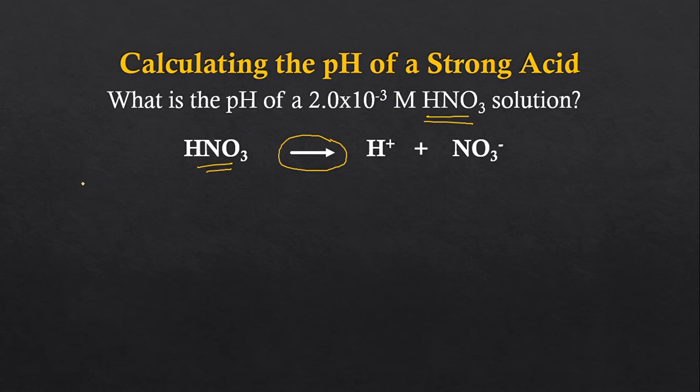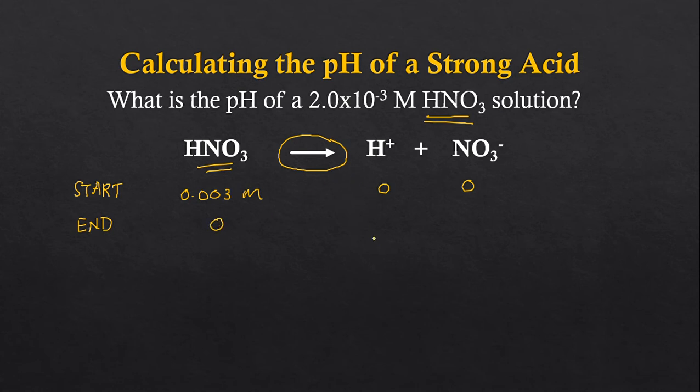So, i-list lang natin kung ano yung concentration niya at the start, which is 2.0 times 10 to the negative 3 or 0.003 molar. Tapos, wala pa tayo nito. At the end of the reaction, ano mangyayari? Mauubos na to.